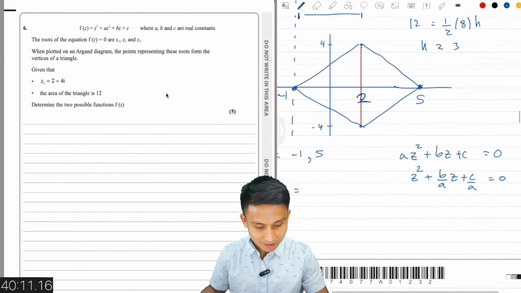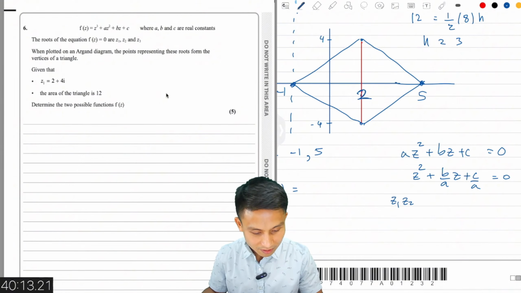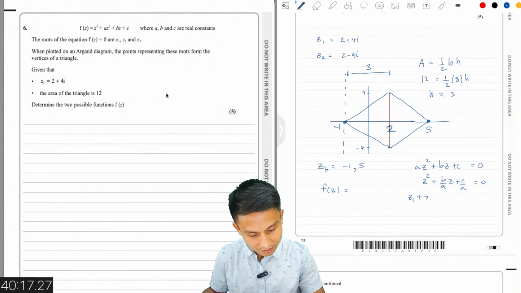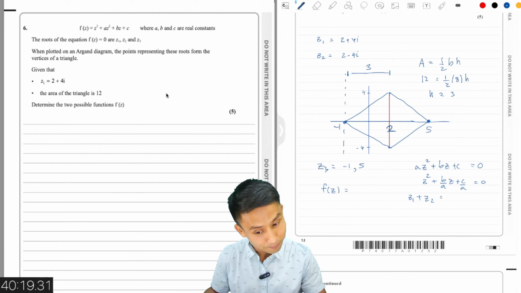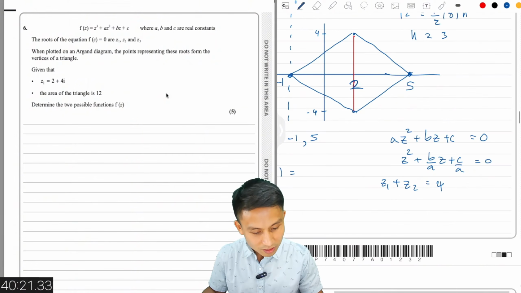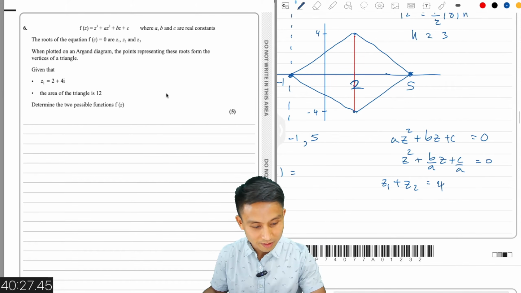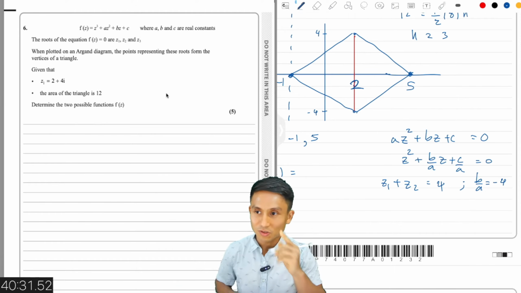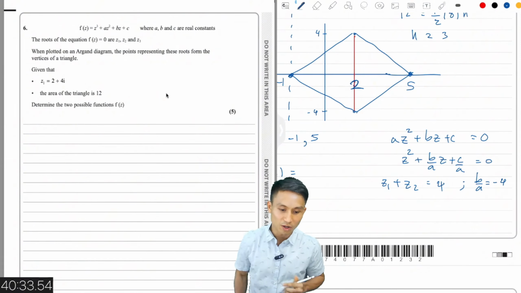Let's do that. So z1 z2 there is equal to, wait, let me add them up first. So if I add z1 and z2, I get 4. So we know that this would be minus b over a. So b over a would be minus 4, right? It's the middle term there, when the first one is already 1.